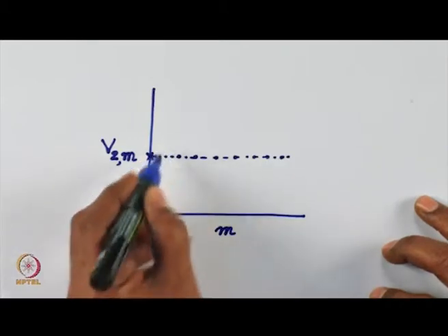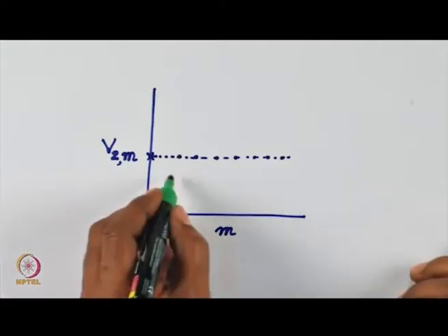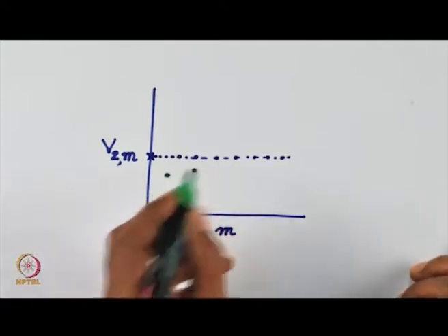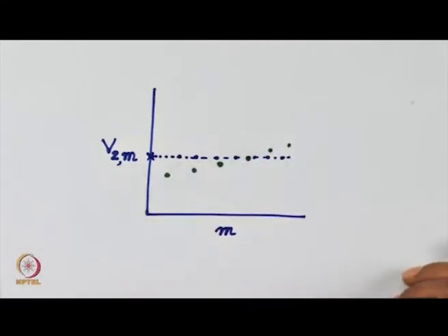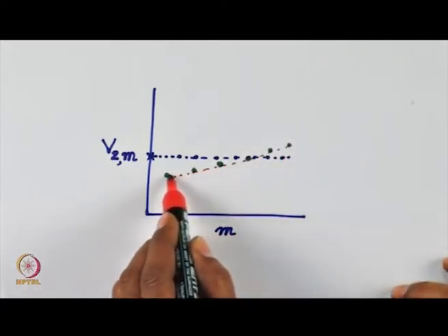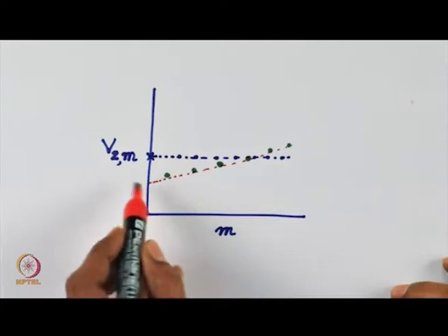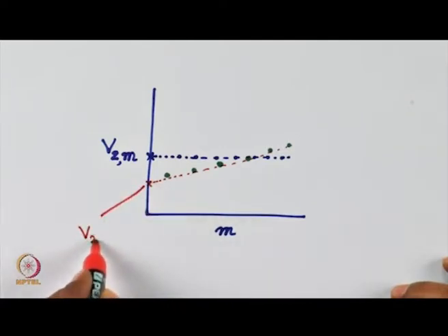And if the variation is, for example, like this, it depends upon the concentration, then if you fit it to an appropriate equation or line, then this is the infinite dilution value.